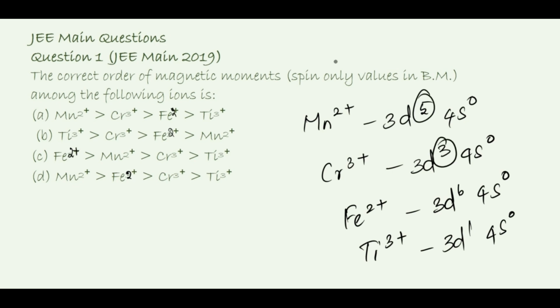Here you can see 5, 3, then 4, then 1 unpaired electrons.